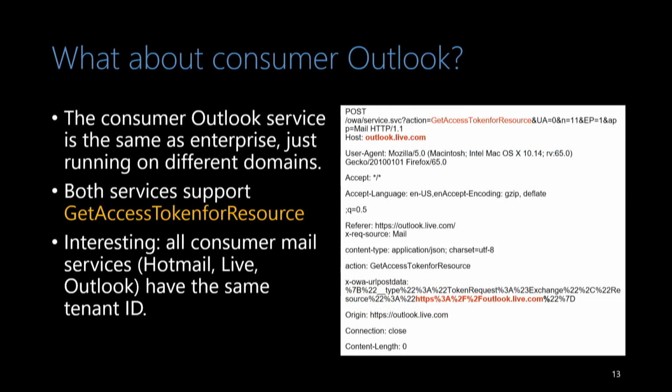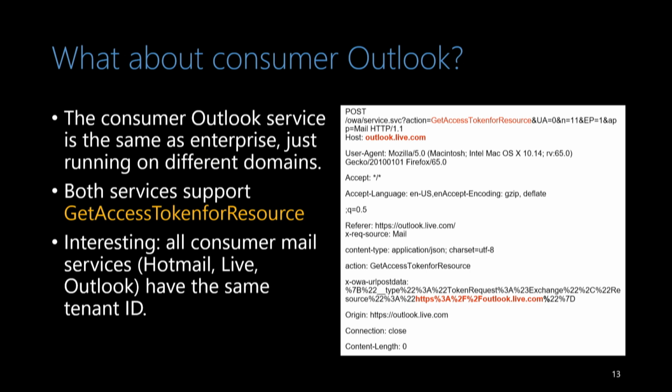Basically, the consumer Outlook service is the same as enterprise, just running on a different domain. Enterprise runs on outlook.office.com, and personal runs on outlook.live.com or mail.live.com. Both services support this special endpoint, get access token for resource.